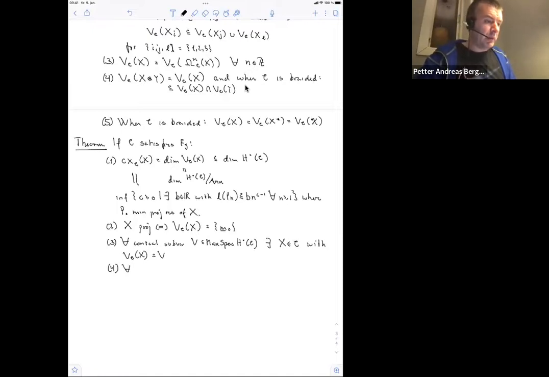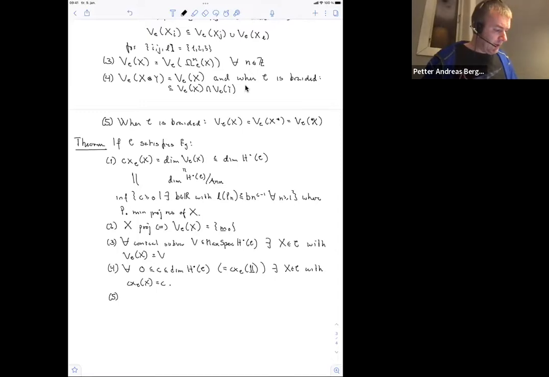So as a byproduct of this, for all integers between 0 and the Krull dimension of the cohomology ring, which is the complexity of the unit object, there exists an object having that c as complexity. That's just a consequence of 3 and 1.